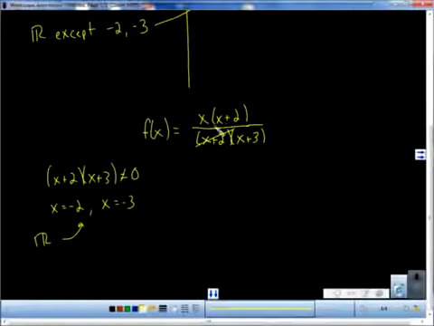So they would essentially cancel out, and we'd be left with x plus 3. While negative 2 would still make this equal to 0 and would still be an excluded value of the domain, it cannot also be an asymptote. So our only asymptote in this particular problem is x equals negative 3.